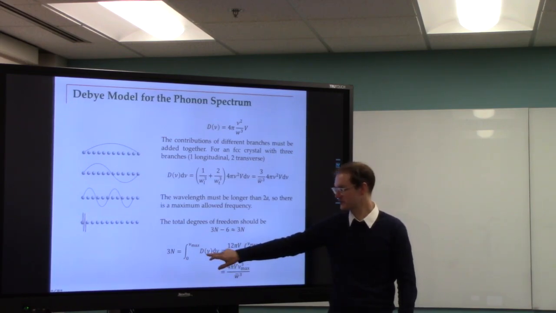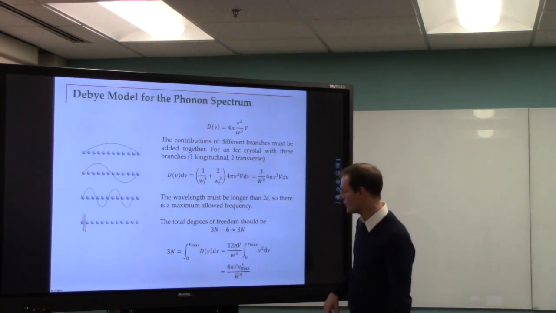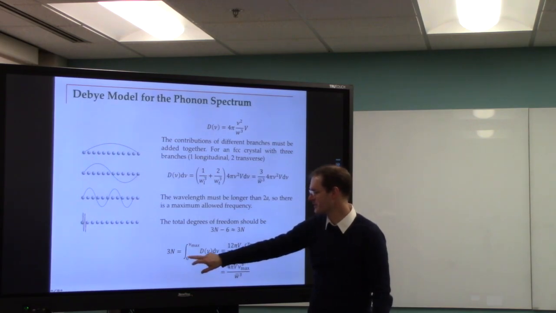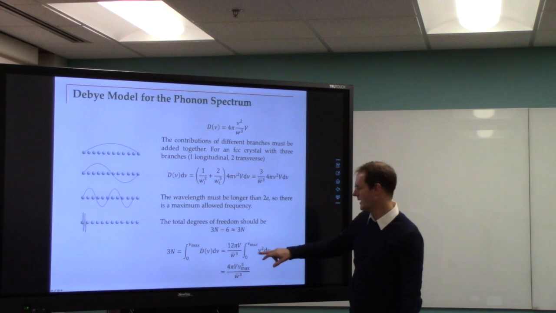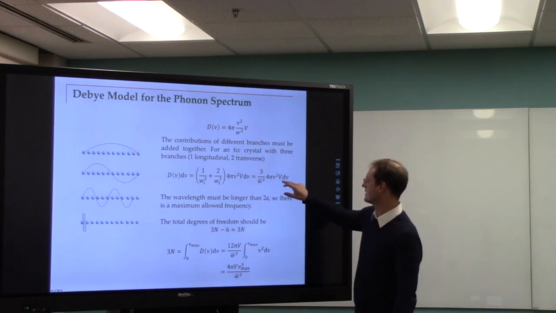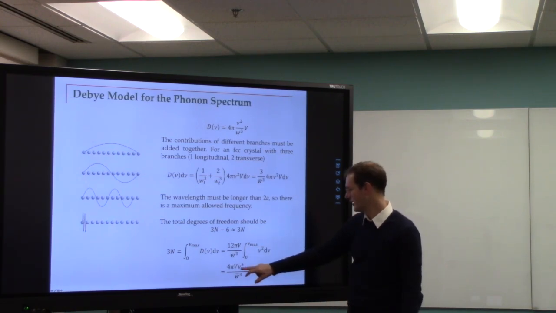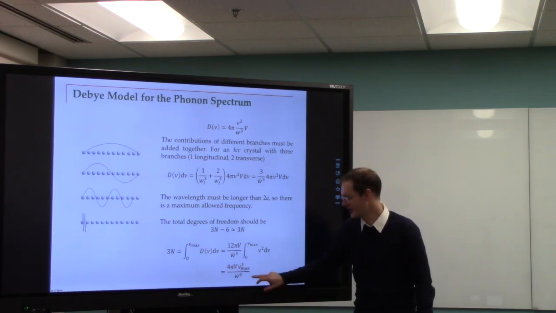So number of states at each frequency integrated over all the frequency. Okay, and so if you take this expression here and you integrate it from 0 to the maximum frequency, then you just get a constant times nu squared, and you have to integrate nu squared from 0 to nu max. That gives you nu max cubed over 3, and so this is the expression that you get.